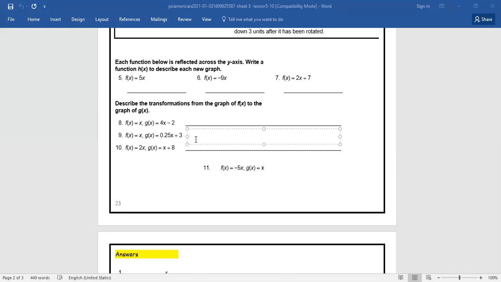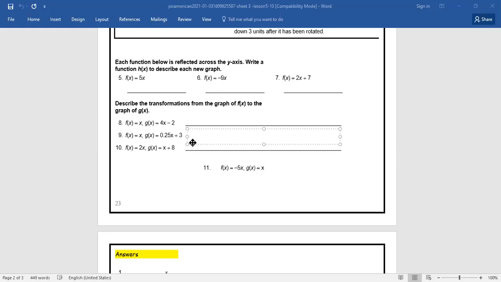Because the original slope is 1, but the second one is 0.25. Then the slope was 1, becomes a half, which means it will be less steeper. After that, does the figure shift up or down? Up. How many units? 3. Thank you so much.